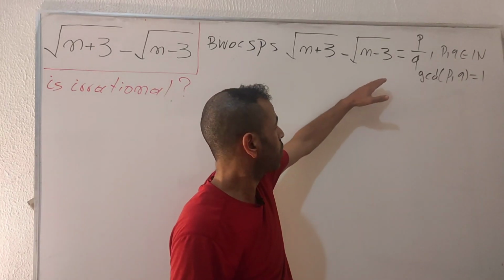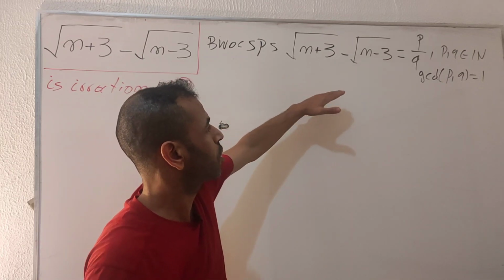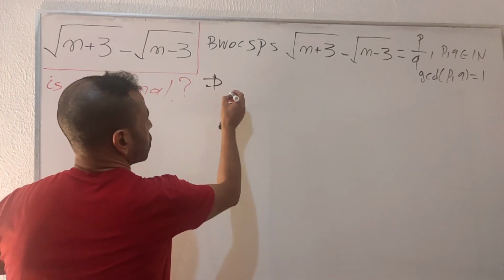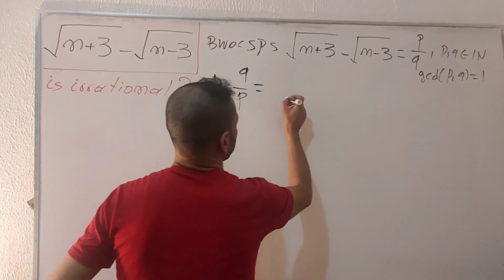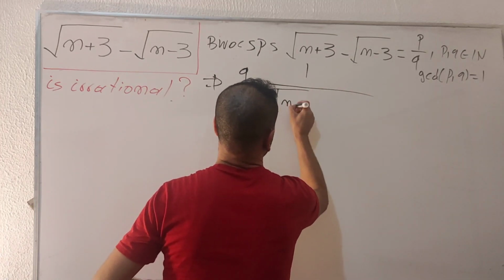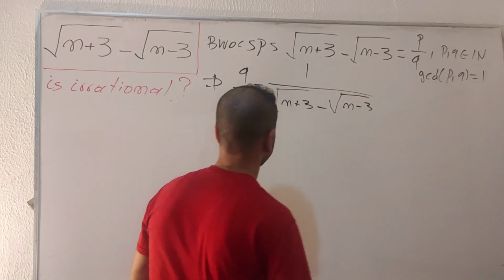I'm not going to do the conjugate now. I'm going to take the inverse first, so I write q over p instead of p over q. This is written in the form of the inverse, which is 1 over square root of n plus 3 minus square root of n minus 3.